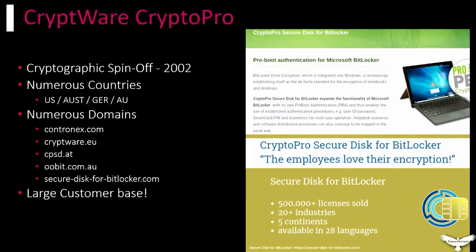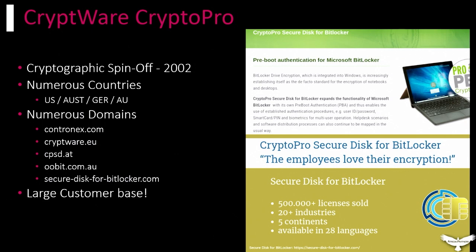So who is Cryptware CryptoPro? It is a cryptographic spinoff. They were started in 2002. The goal of the organization was to enhance Microsoft's BitLocker and introduce an integrity validation process as part of the disk encryption strategy.